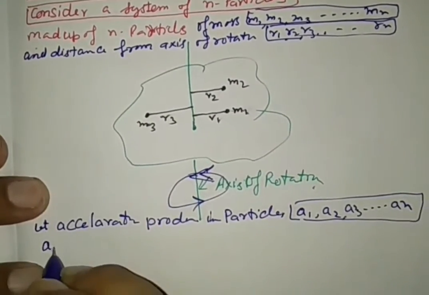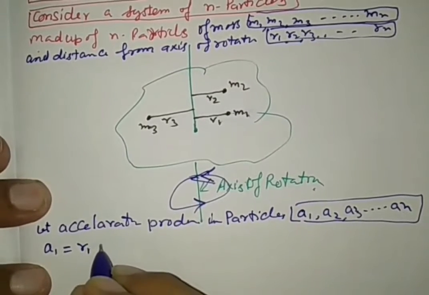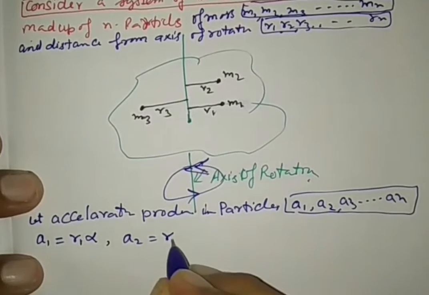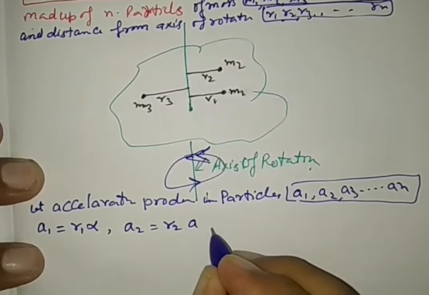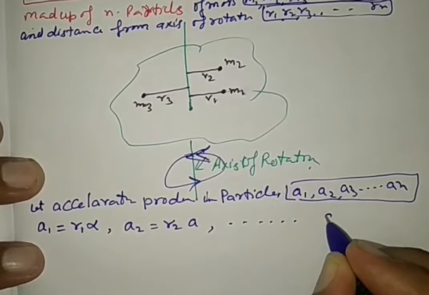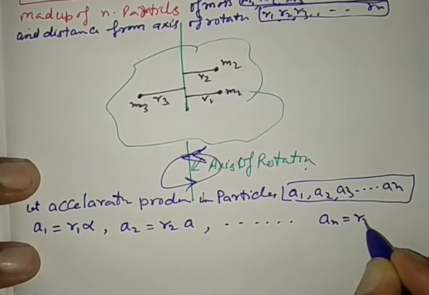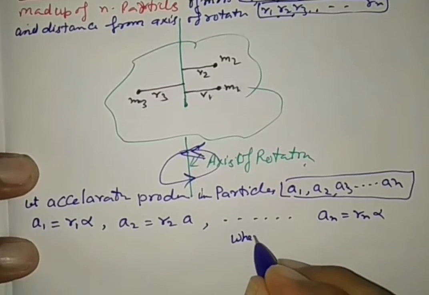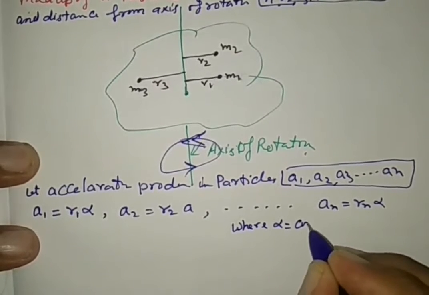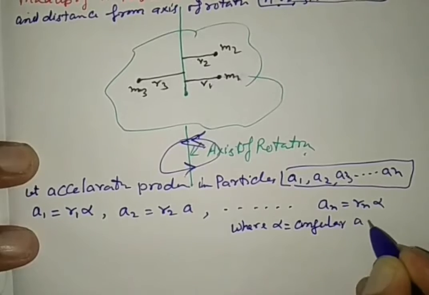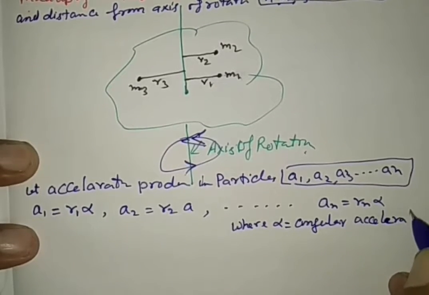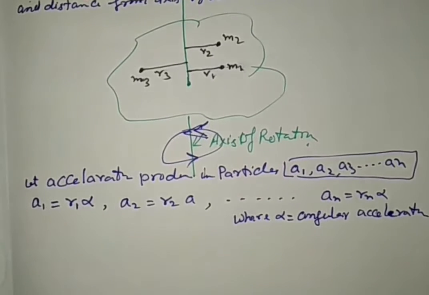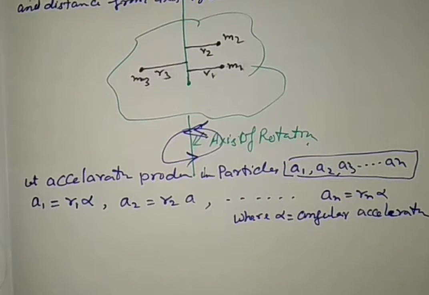Now a1 can be written as r1 alpha, a2 is equal to r2 alpha, and so on, an is equal to rn alpha, where alpha is the angular acceleration.